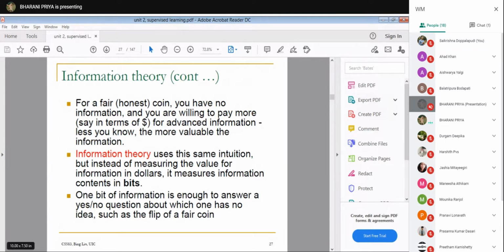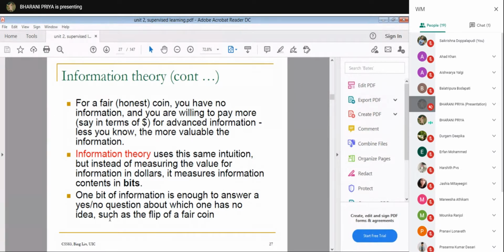Similarly, tossing a coin. So that one bit of information, that is whether to invest in this particular share or not, yes or no, is very important for you, and you are paying for that.